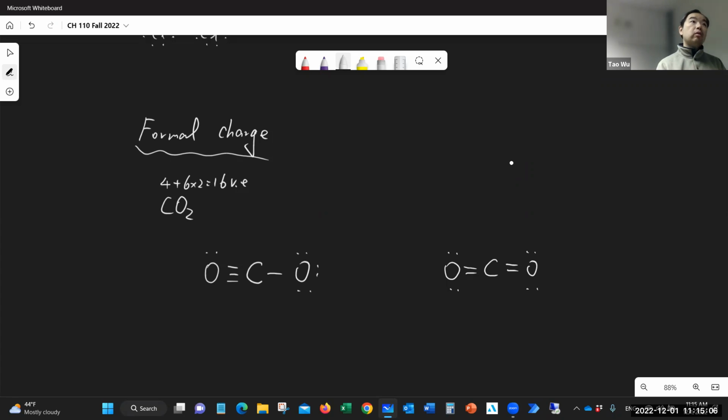For a Lewis structure, you cannot have 2 different structures for the same compound. It doesn't make sense. That is why we use the formal charge concept to figure out which one is correct.